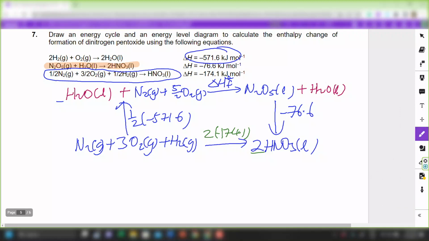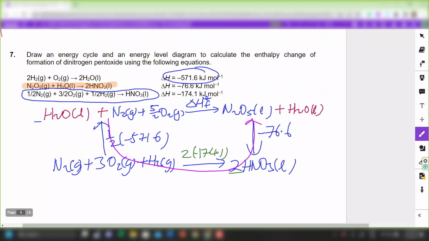So I'm going to go from left to right like this. Again, if it's against the flow of the arrow, I need to switch the sign. So enthalpy change of formation, in this case I'm going to use the space here, actually equals to minus half of 571.6, and then plus 2 multiplied by minus 174.1, and then minus 76.6.